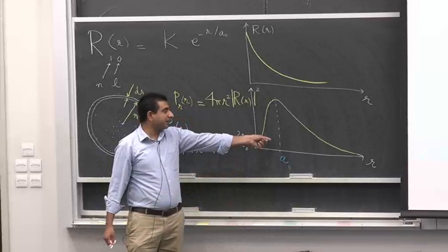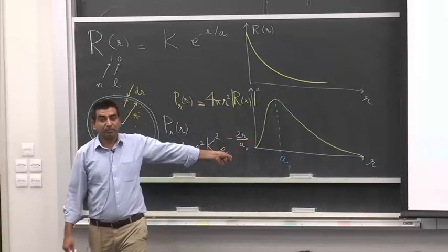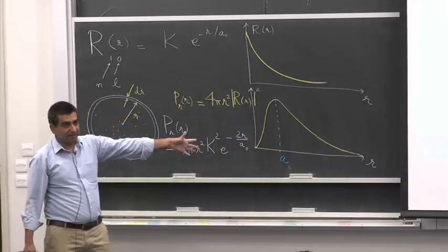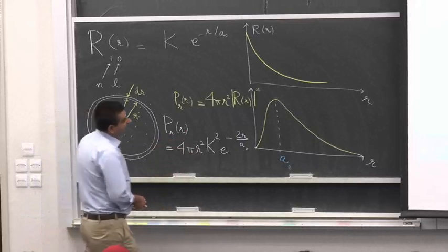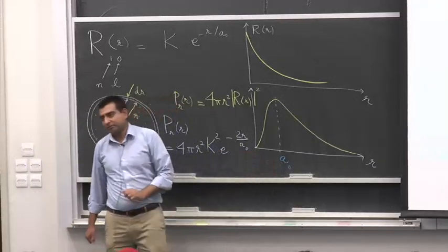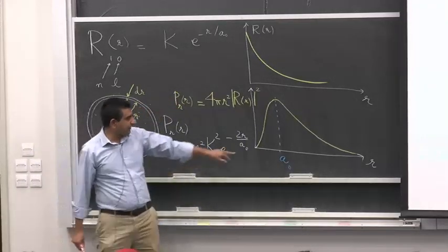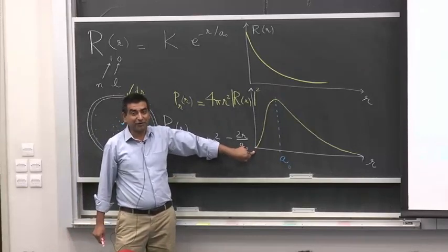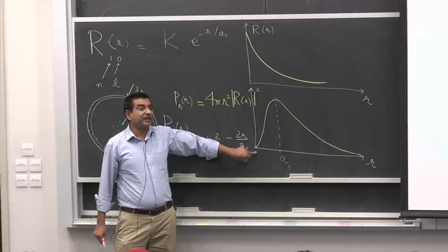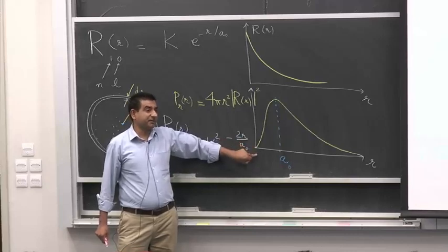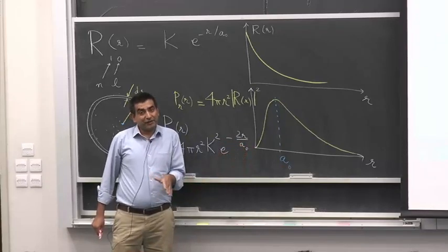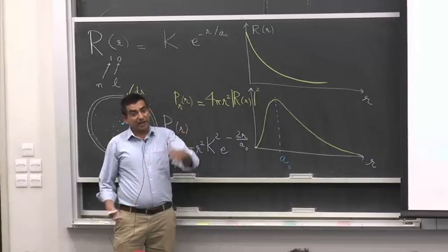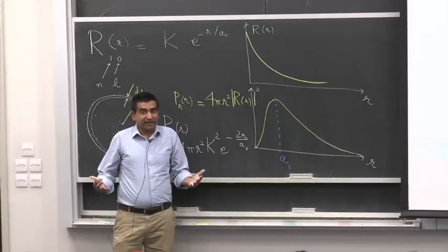And something strange, something nice that you observe about this probability density is that it's not symmetric about a naught. The first thing that you observe is that the density is 0 at the nucleus, which is good. This satisfies Heisenberg's uncertainty principle, because the closer you get to the nucleus, you're confining the electron, its energy goes up, and the electron is going to resist that.